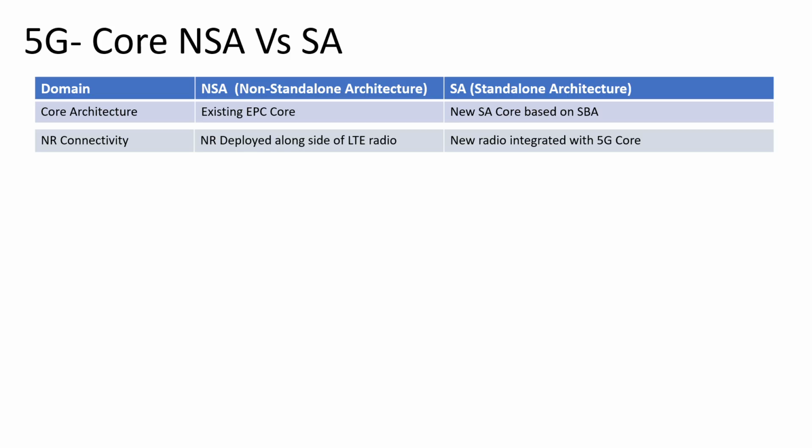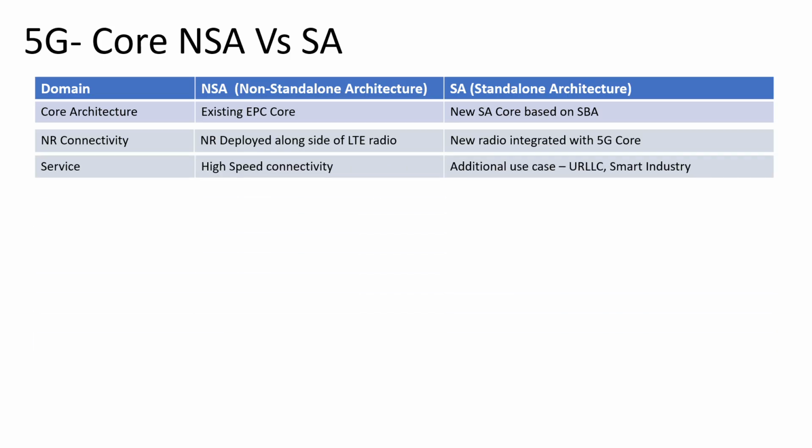But in case of standalone, the new radio will directly integrate with 5G core, which is AMF, SMF, right? AMF is the entry point, so where the signaling will be forwarded by the new radio, right? So there is a change in the connectivity in NR in case of NSA versus SA.